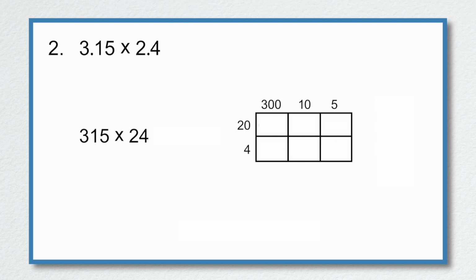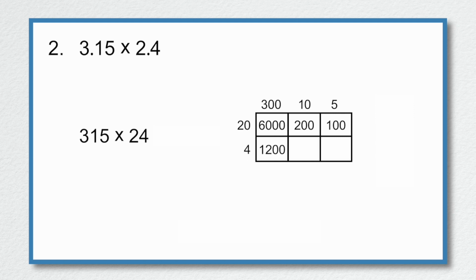Working along the top row, 300 multiplied by 20, well that's 3 multiplied by 2, which is equal to 6, add 3 noughts, so that's 6,000. 10 multiplied by 20, which is equal to 200. 5 multiplied by 20 is equal to 100. And going along the bottom row, we've got 300 multiplied by 4, which is equal to 1200.